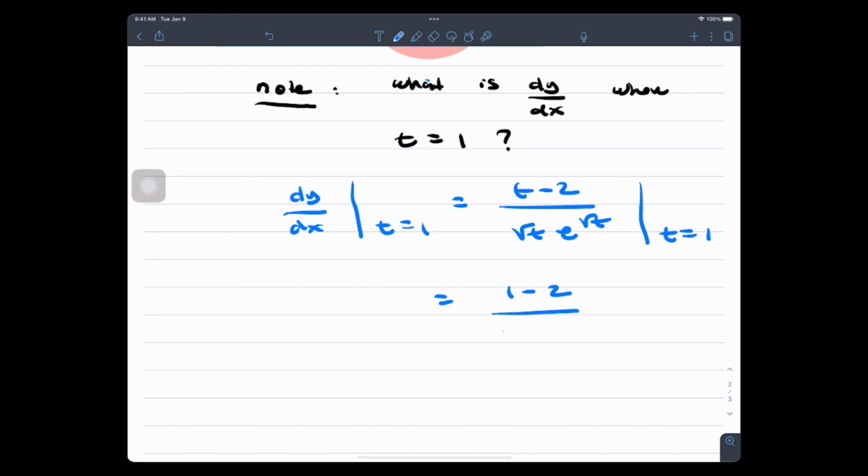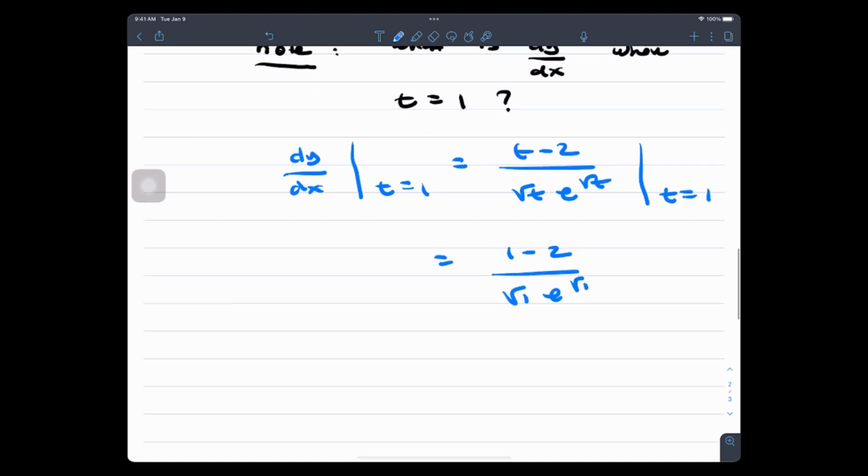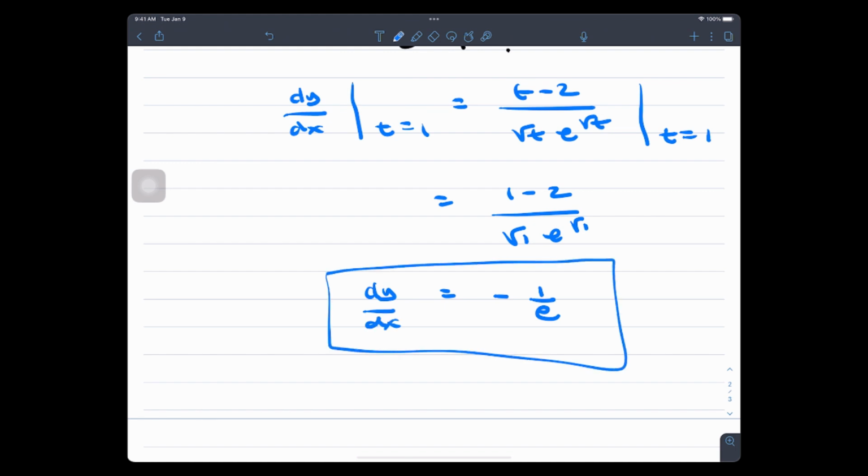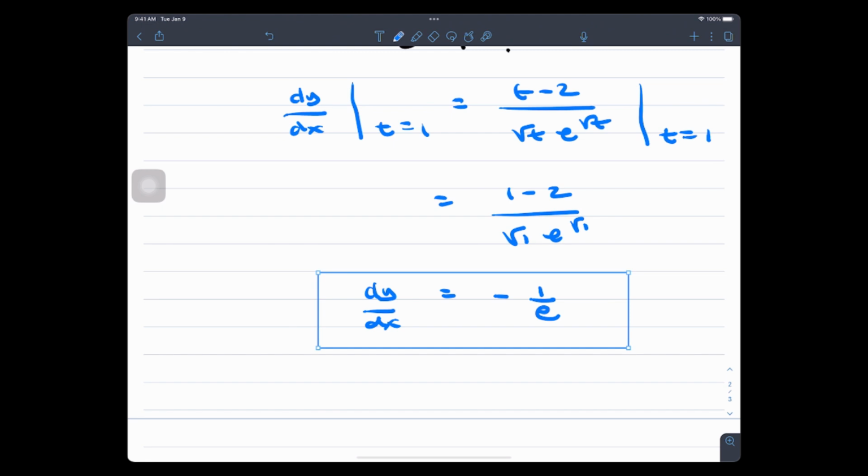That's 1 minus 2 over square root of 1, e to the square root of 1, which is negative 1 over e. So you can actually find the derivative at a point on the curve. How do I find that coordinate? Well, t is 1, the location is (e, 1). We just looked at that. So I know the derivative at the location (e, 1).